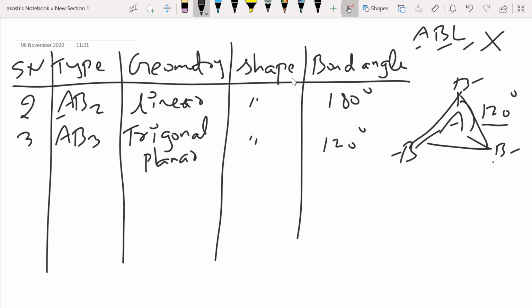Okay, now next, same steric number 3, but I can have AB2L, that is 2 bond pairs and 1 lone pair. Now first of all, tell me, is there any example for AB3 which you can think of? The actual molecule, any examples?